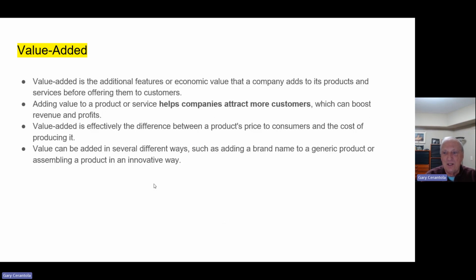So those are the kind of things that come into play in this here, right? And then here's some more information, and again, adding value to a product or service helps companies attract more customers, which can boost revenues and profits. So you add more functionality into a particular product, all of a sudden the customer sees this additional value.